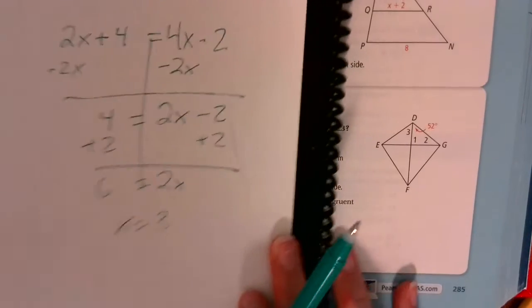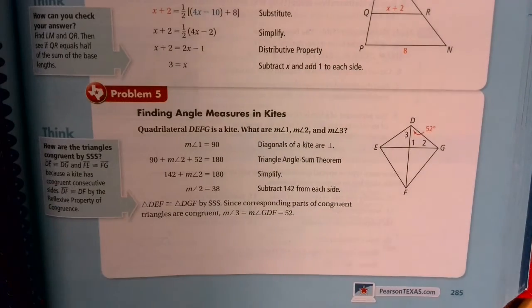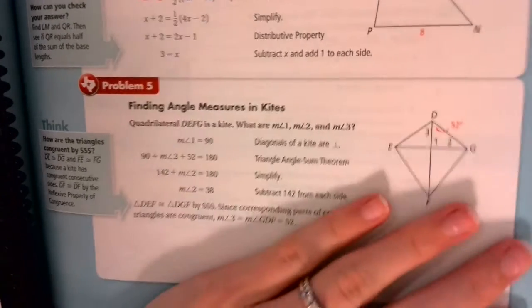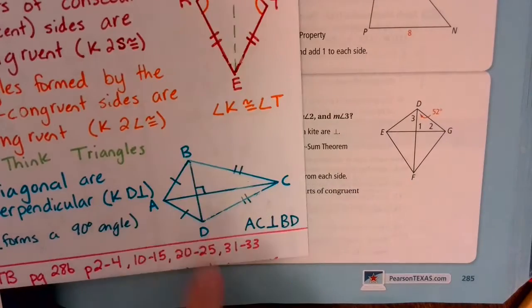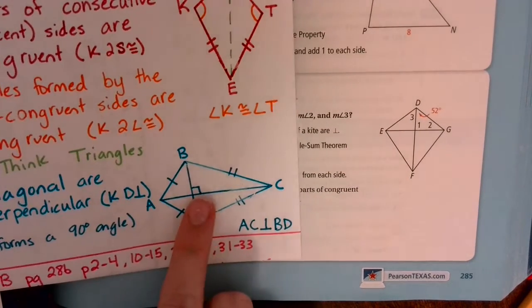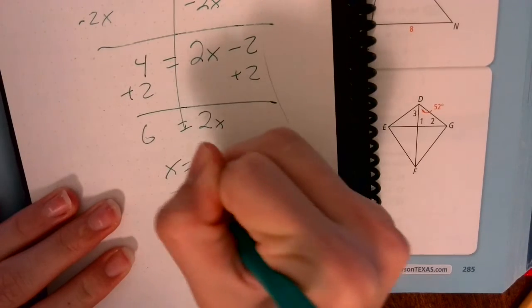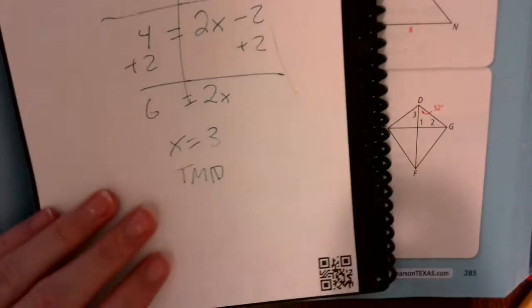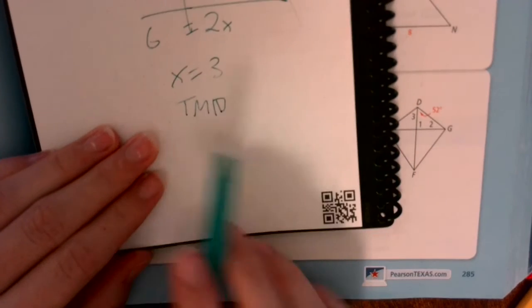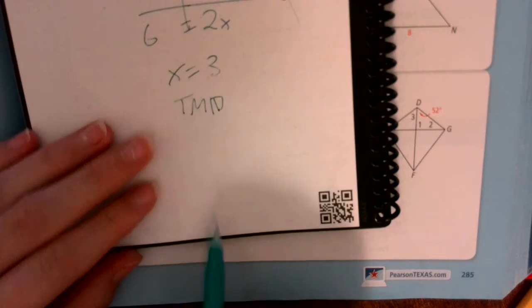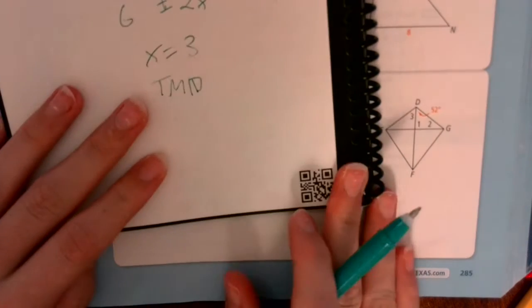Let's look at one more example problem, and this is a kite problem. Well, one thing we know about kites is that the diagonals are perpendicular. So automatically I know angle 1 is 90 degrees. Okay? And so I solved this last one with trapezoid mid-segment. Triangle mid-segment was with a triangle.